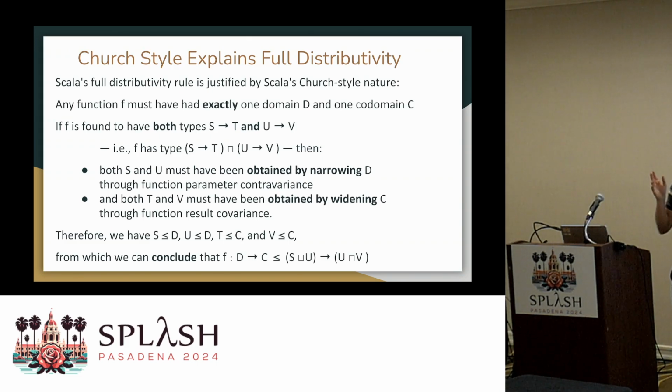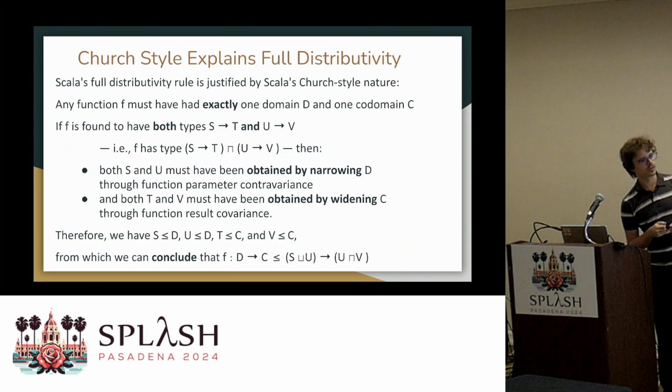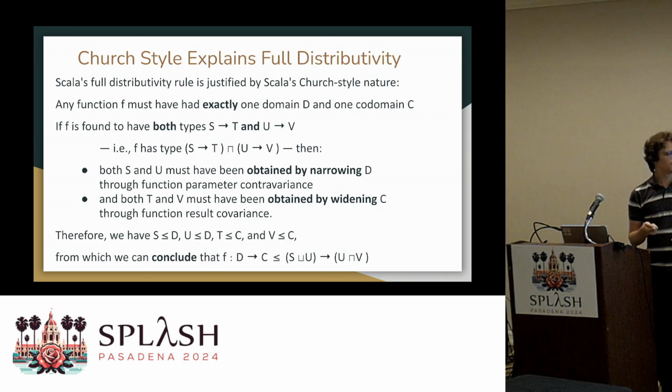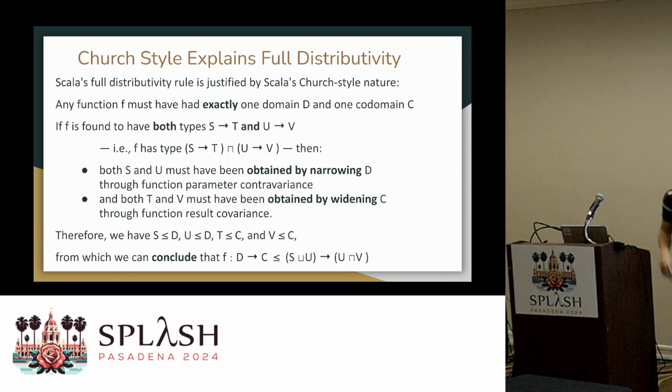So for example, if you have a function that goes from object to object, you can narrow that to a function that goes from int to object or string to object. And similarly for the codomain.